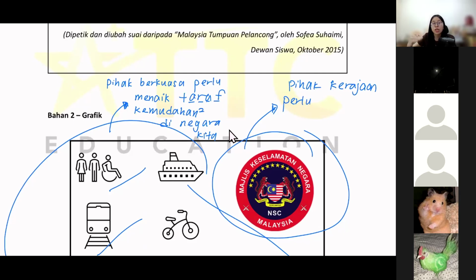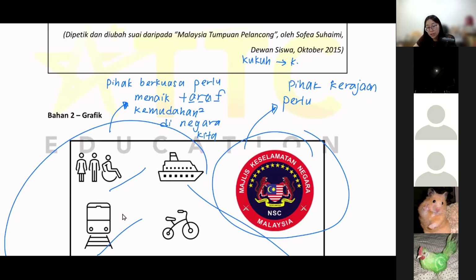Now I want to ask a question. Should it be memperkukuh atau memperkukuhkan? Okay. Kukuh, what is kukuh? Kata apa? Kata nama, kata hubung, kata adjektif, kata sendi. Kukuh is firm.